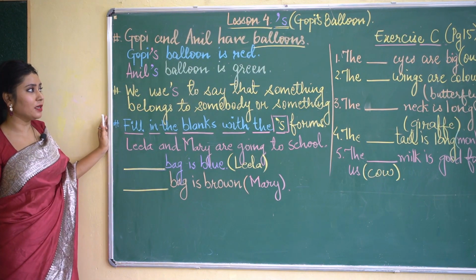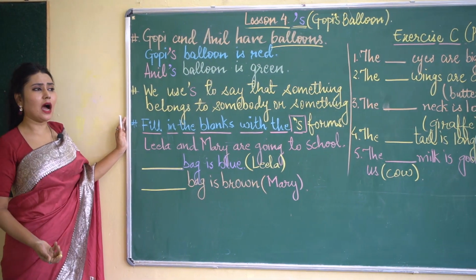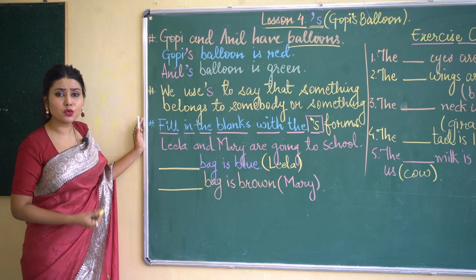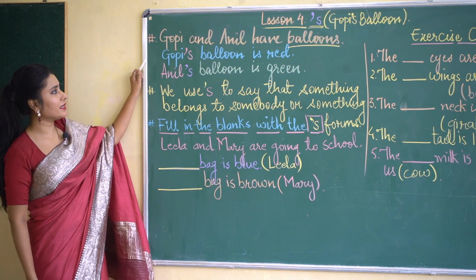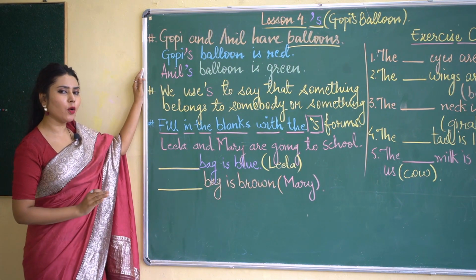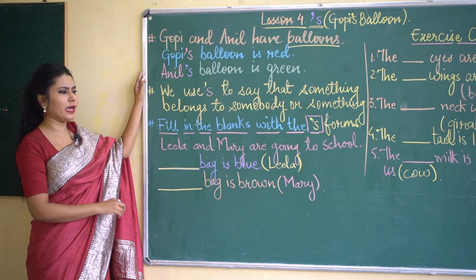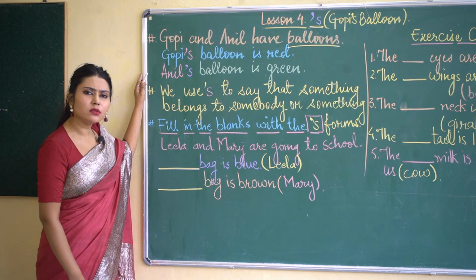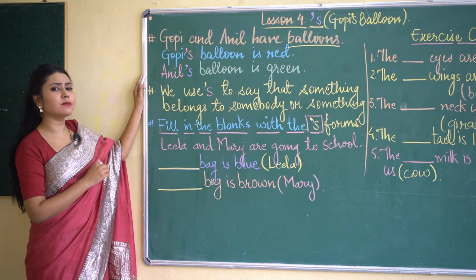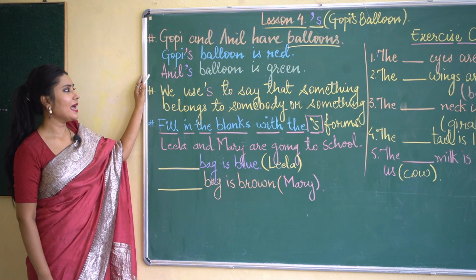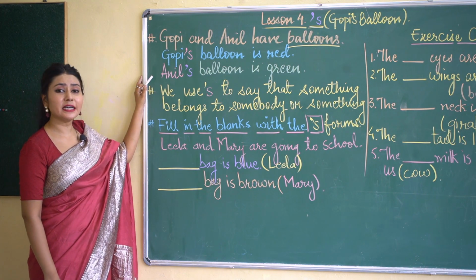But how do you make out which balloon belongs to whom? If you see Gopi holding a red balloon, you will be able to make out that that red balloon belongs to Gopi and that green balloon belongs to Anil, because it's written here that Gopi's balloon is red and Anil's balloon is green.